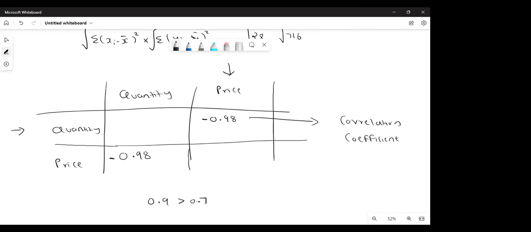Online students, can we call it strong? If I multiply by 100, how much percentage does it become? 98% strong. Positive or negative? Negative. So can we say we have a 98% strong negative relationship between price and quantity? Right interpretation.